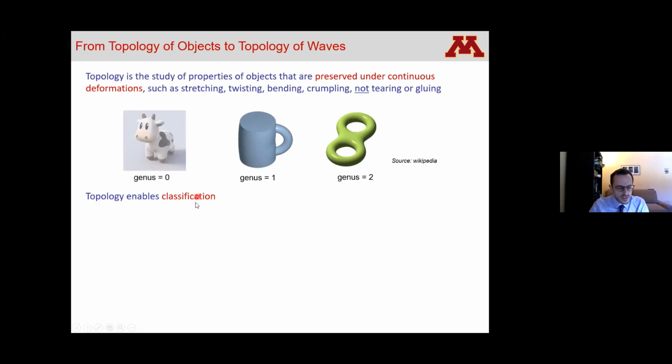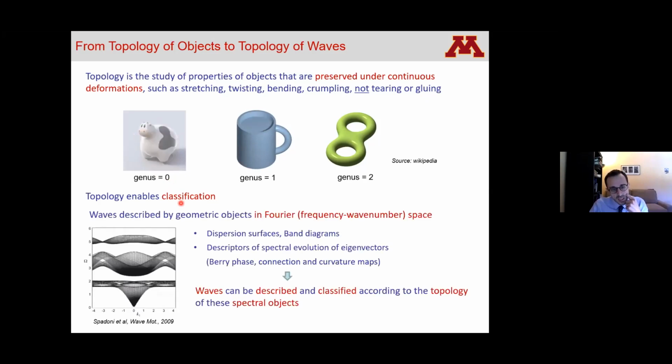Okay. So what does this have to do with wave propagation? Well, the connection is somewhat subtle. We need to remember that when we deal with a propagating wave, we often characterize the wave in terms of its frequency and wave number or wave vector components. So essentially in terms of its Fourier characteristics.